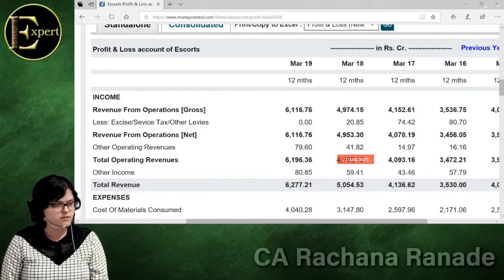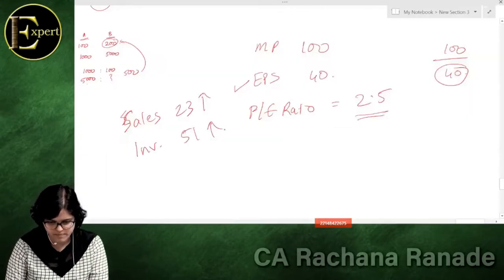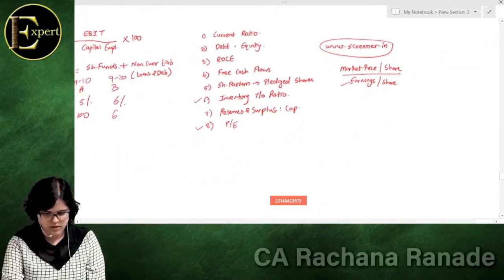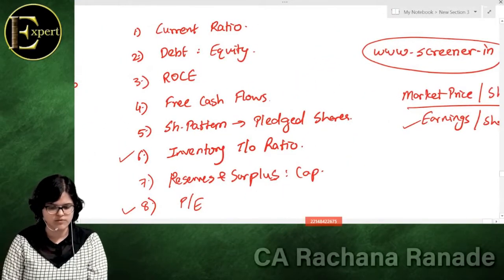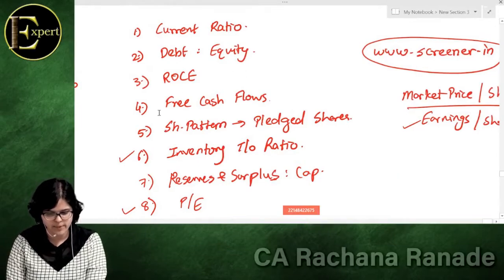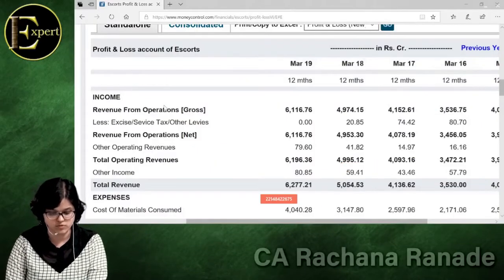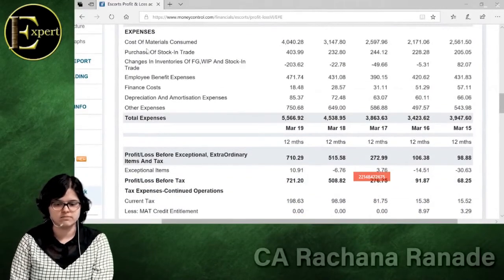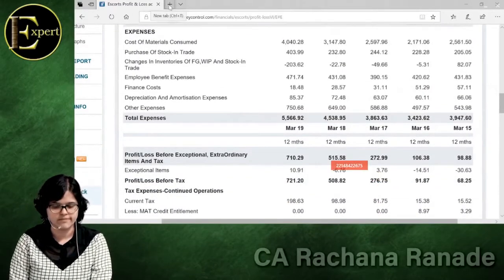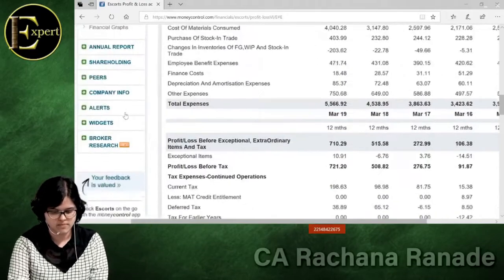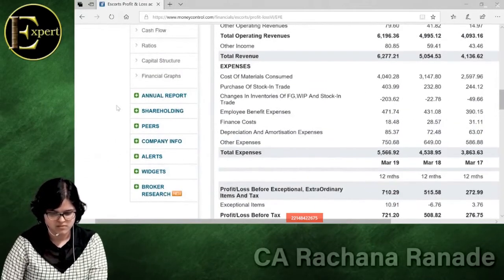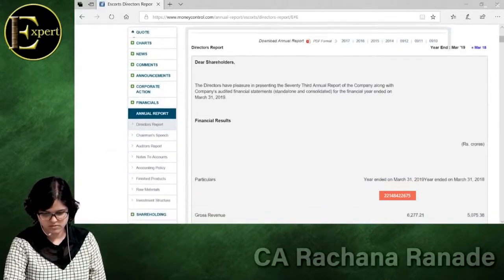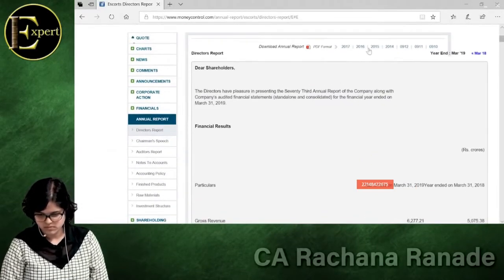I'll just take out that 8-pointer that I discussed. We checked current ratio also, no? It was above 1. We checked debt to equity, we checked return on capital employed, and free cash flows. Free cash flows, I'm not sure if I can get it immediately here or not.